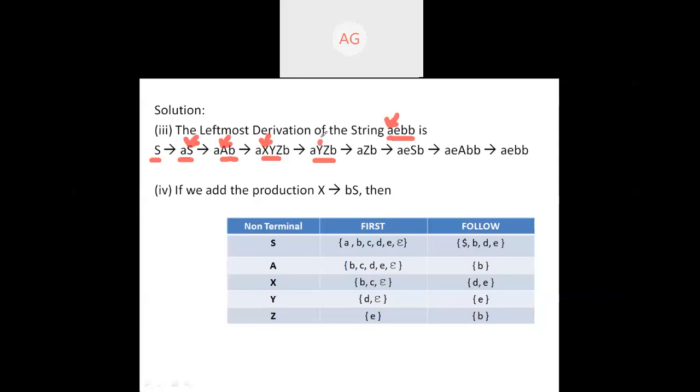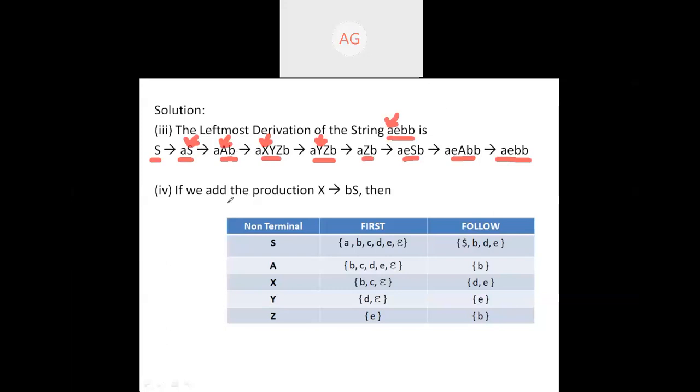Then we replace this Y with epsilon, then Z is present, then this Z has been replaced with ES, and in this way finally we got this string AEBB from the leftmost derivation. So this we already covered in our theory of computation subject. We already covered how we find the leftmost derivation of the string and also the rightmost derivation of the string, and then after that we construct the parse tree. So this is the right answer of the third part of the question.